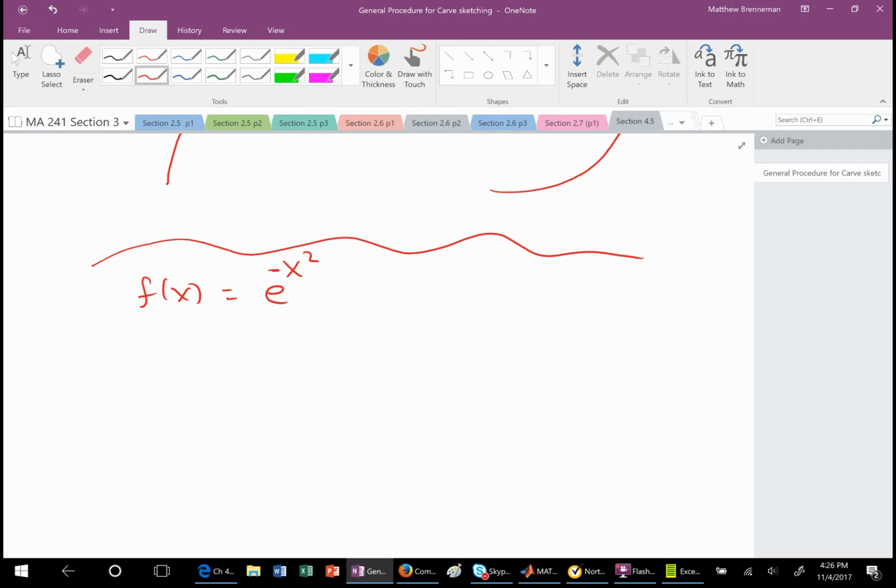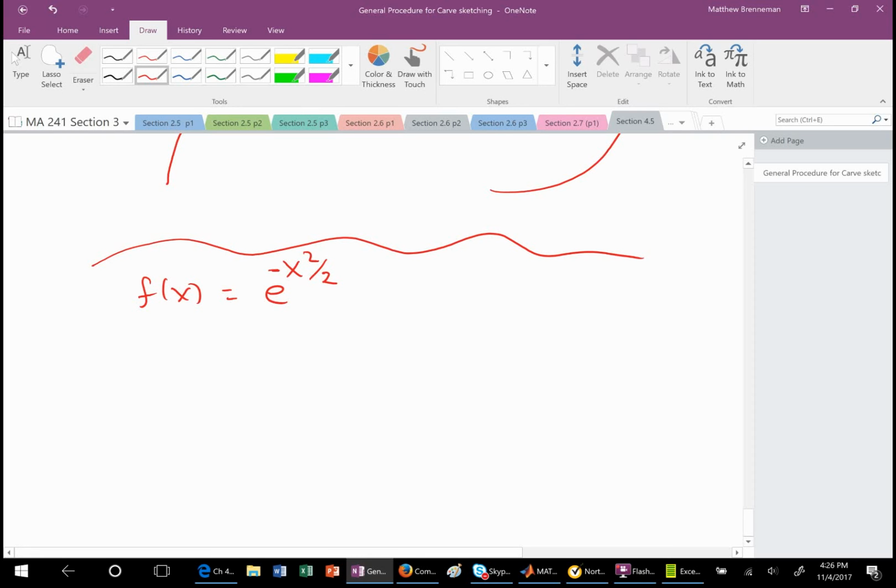This is an actual application. To me, this is my favorite function of all time. Here, I'll make it a little more interesting: minus x squared over 2. This is the probability density function for the normal distribution. It's the most important function in all of statistics and probability theory. So you want an application, see?